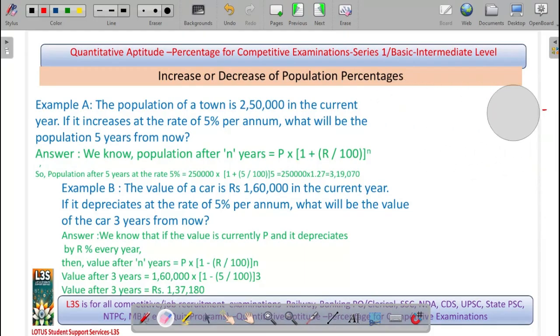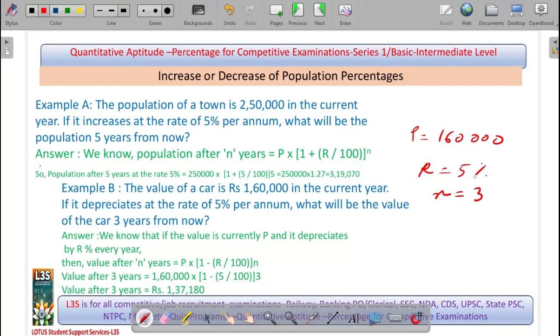Another problem, the value of a car is 160,000. So here P is equal to 160,000 in the current year. If it depreciates at the rate of 5%, what will be the value of the car 3 years from now?